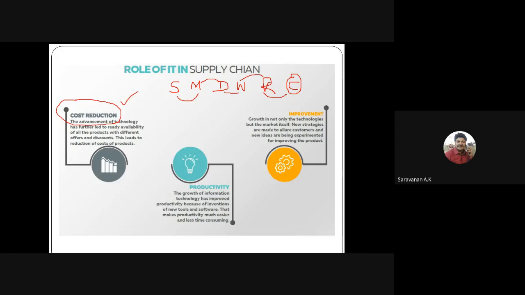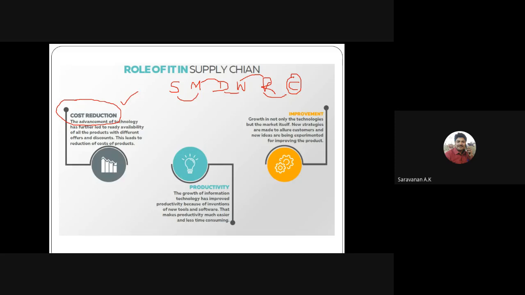So there we have to achieve the objective. The main objective of the supply chain is to enhance supply chain profitability, right? How will the profitability increase? Without information technology, we can't achieve profitability in the supply chain, right?